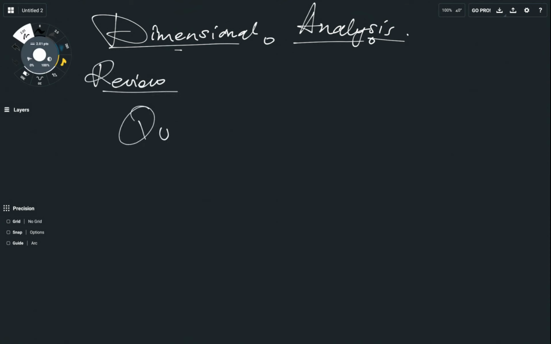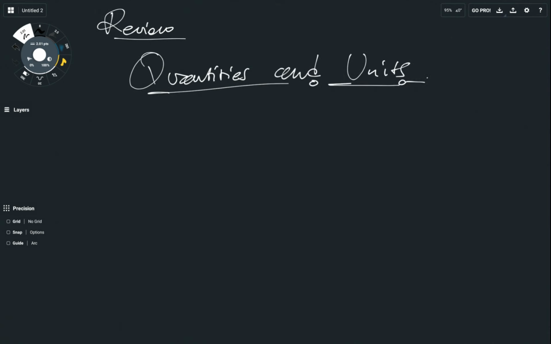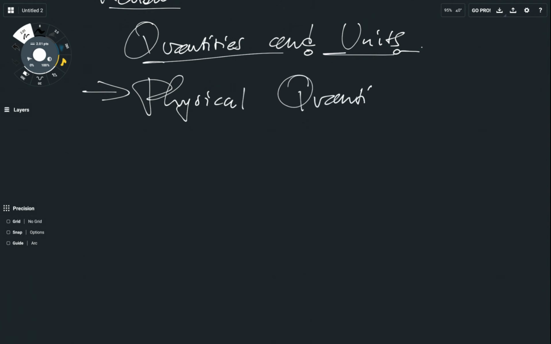Let's review quantities and units. We know what quantities are, but whenever you're talking about quantities, in your head, please picture what we call physical quantities. These physical quantities represent everything in the world that can be measured.